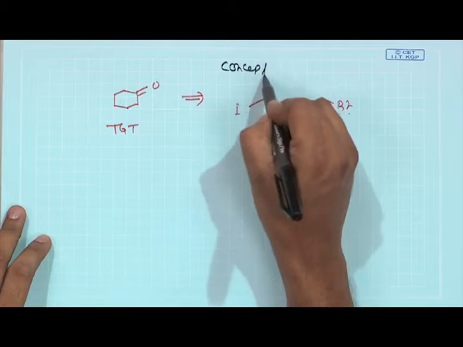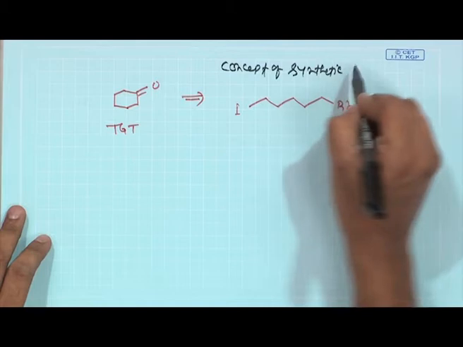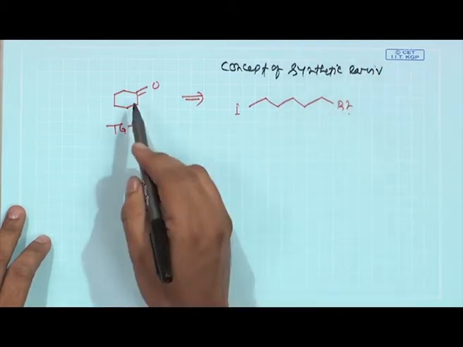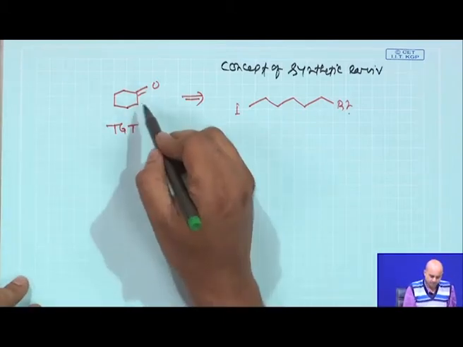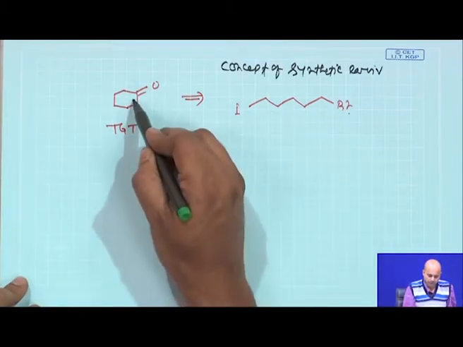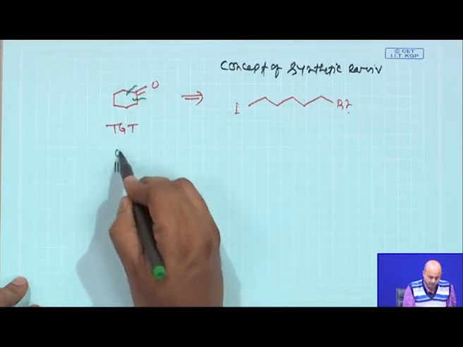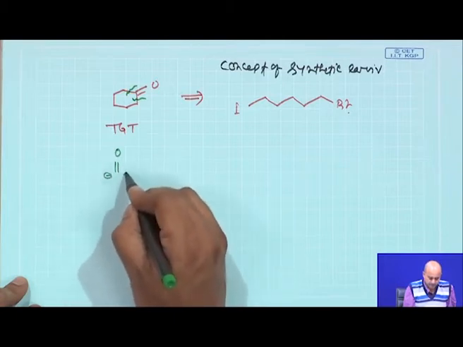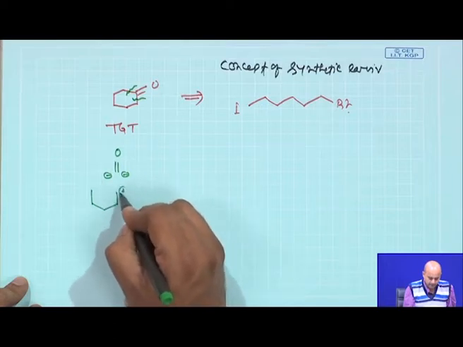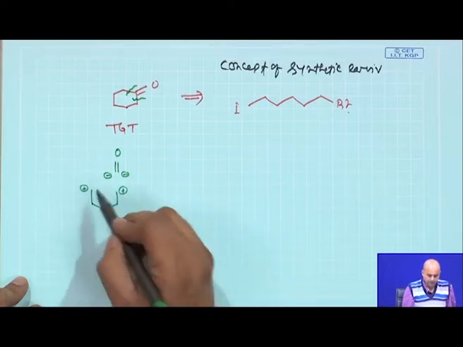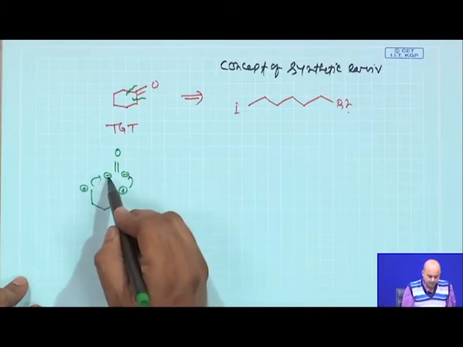This starting material has only carbonyl functionality, and if you try to disconnect here and here, what you basically get is a doubly charged species and this double electrophile. If you disconnect this way, this minus reacts here, this minus reacts here.